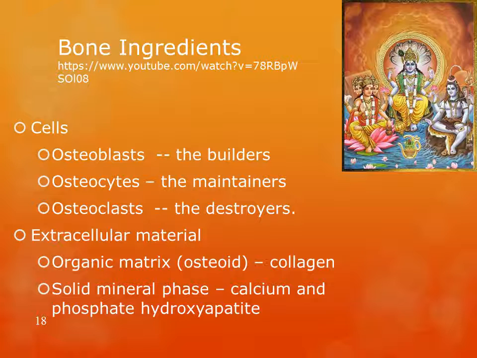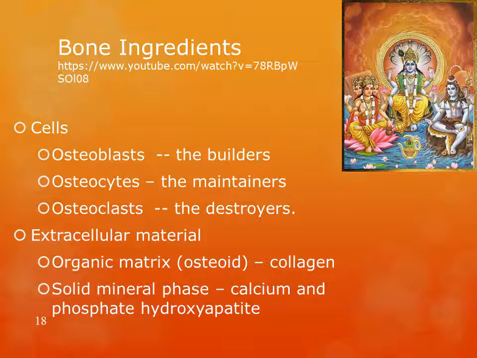So you have the appropriate cellular milieu, you have enough of the ingredients, and then in this sort of nanite kind of way, these crystals just form. If it's the right pH and all the ingredients are there, you're going to form this solid mineral phase all around this collagen matrix.